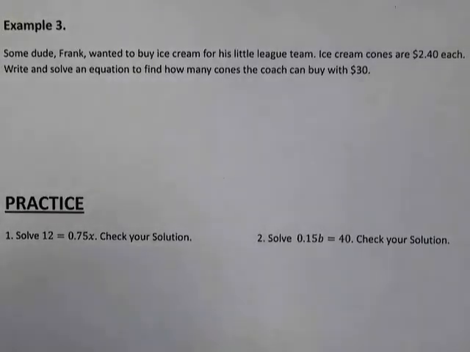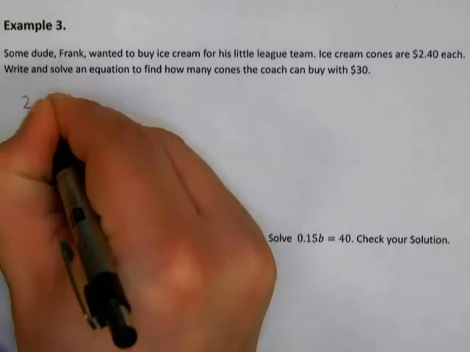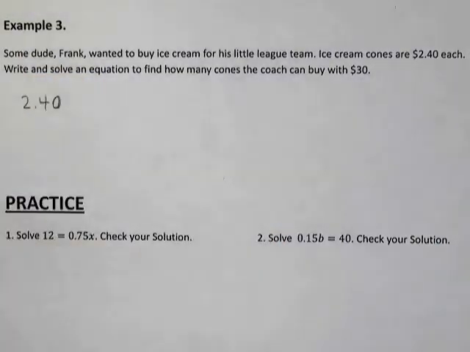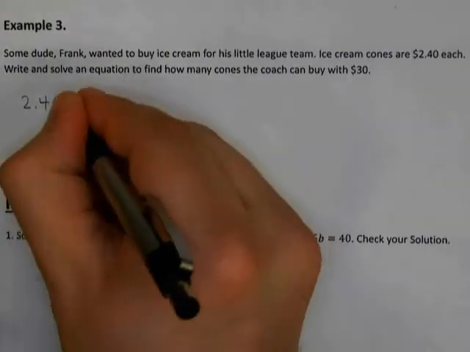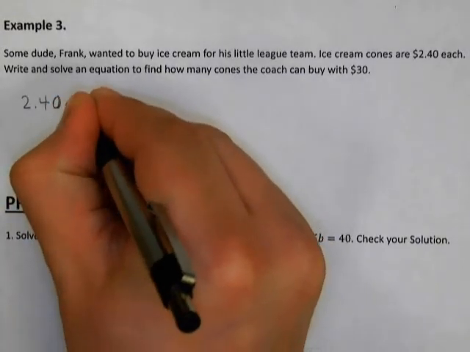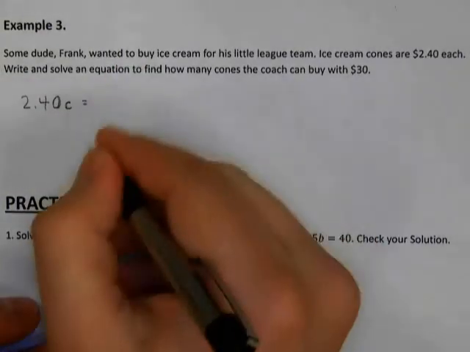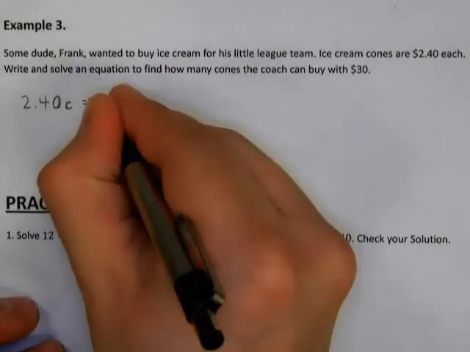So we're going to set up this equation. We know that ice cream cones are $2.40, and we know that Frank buys some number of these. So I'm going to use C for cones. He buys some number of cones, and we know that it needs to be $30.